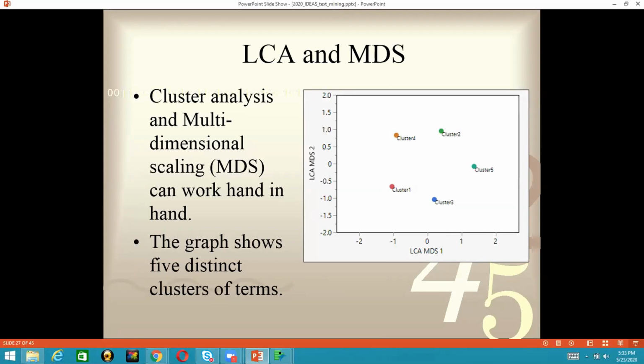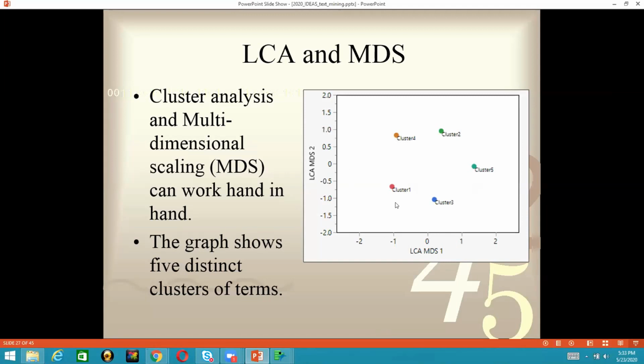Then I want to project these clusters into MDS, multidimensional scaling. What's that? You may say each concept is potentially one standalone item, right? Then I want to compress the multiple dimensions onto a 2D surface, so now I have MDS 1 and 2.